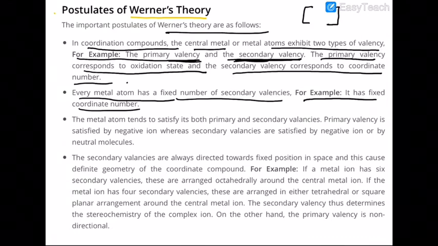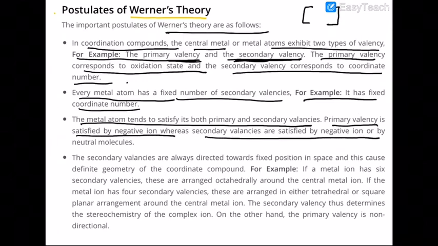The metal atom tends to satisfy both primary and secondary valencies. Primary valency is satisfied by negative ions, whereas secondary valency is satisfied by negative ions, neutral ions, or by positive cations also. Like hydrazonium, why?